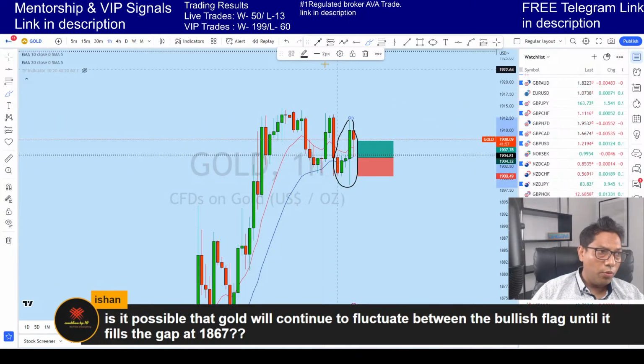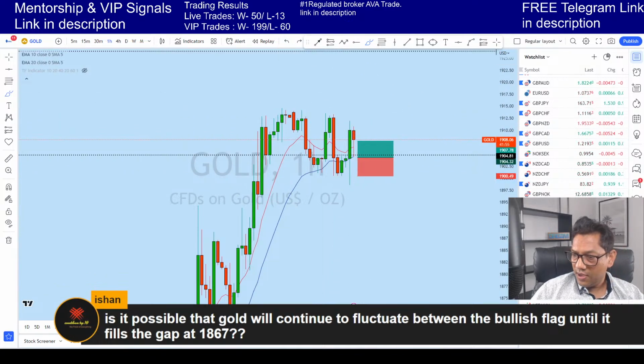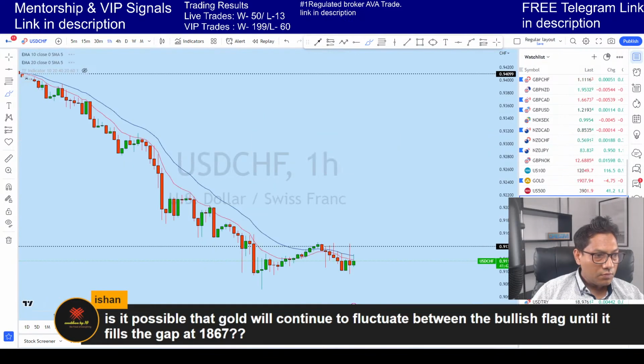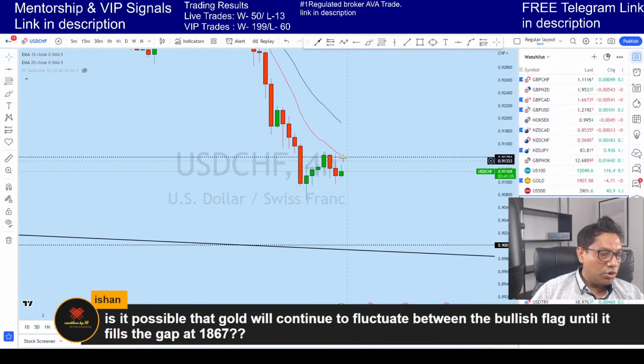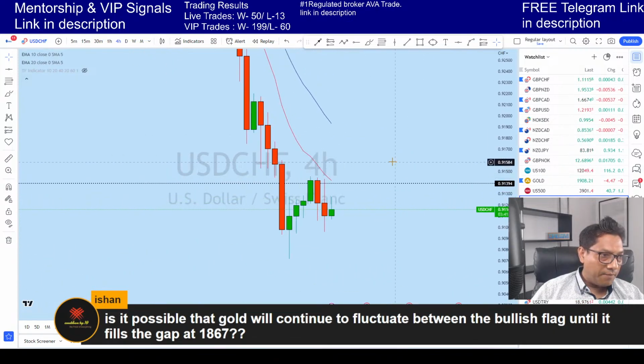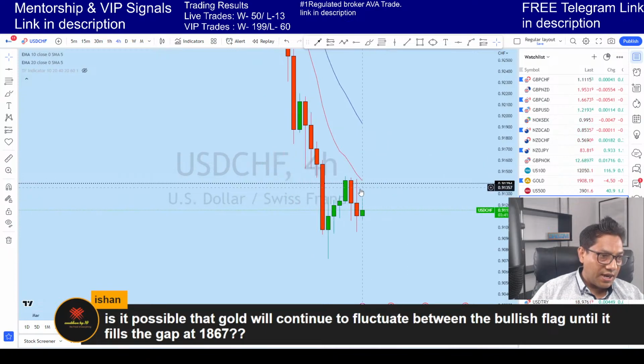Though I don't have a volume indicator, from my experience I can understand that this candle has volume in it, and there is a very high probability for the price to push to the upside. And dollar Swiss franc, we saw that there is a middleman created on dollar Swiss franc. That's a sign that this market will also continue to drop.